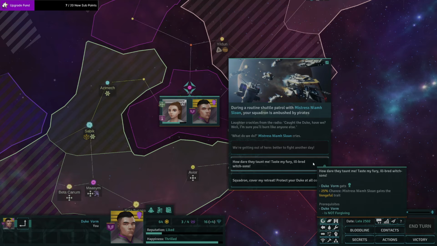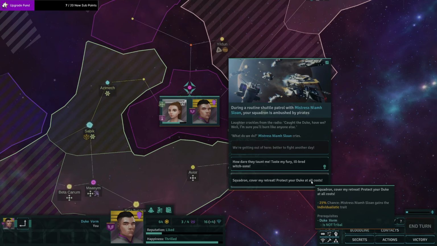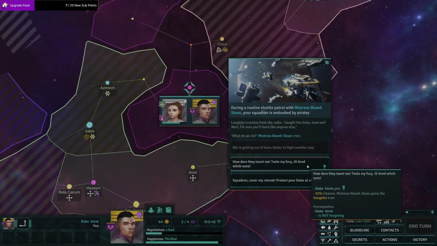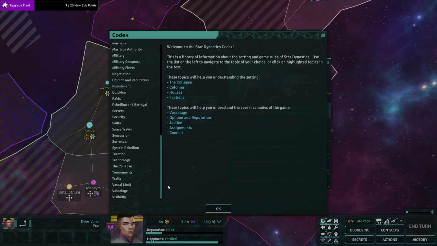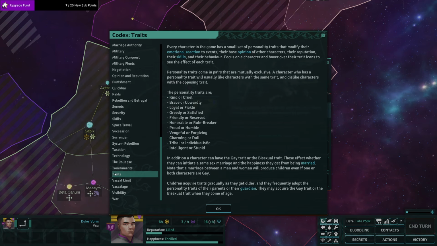Do I want her to have a chance for vengeful? I wish I could get the details on these traits. I can't get the details on these traits. They're not listed anywhere that I can find. Does it list them? Yeah, it gives the names, and they're always paired, but it doesn't say what they do.